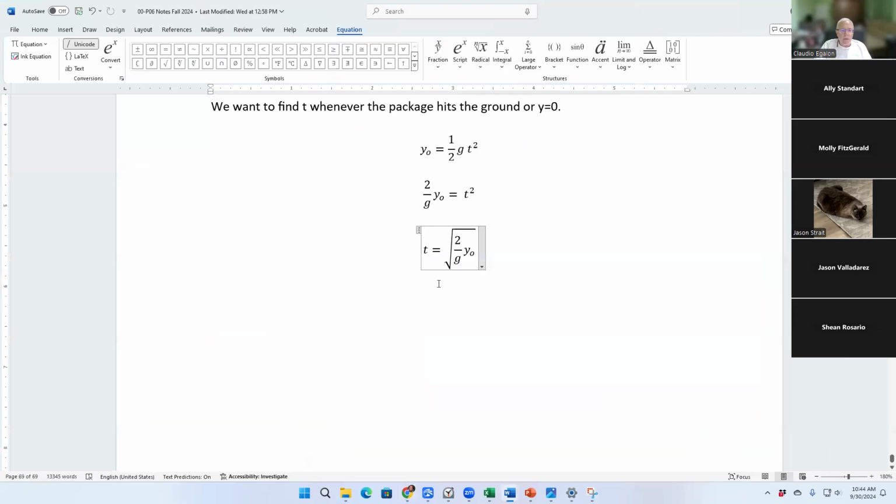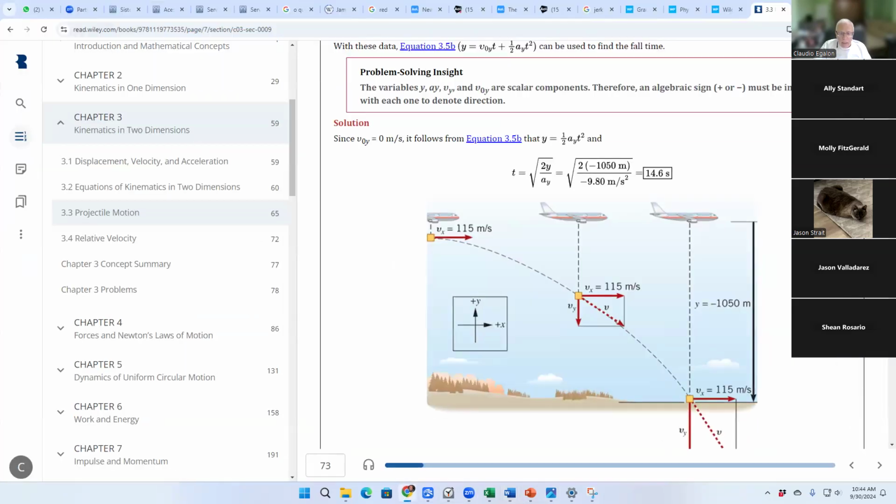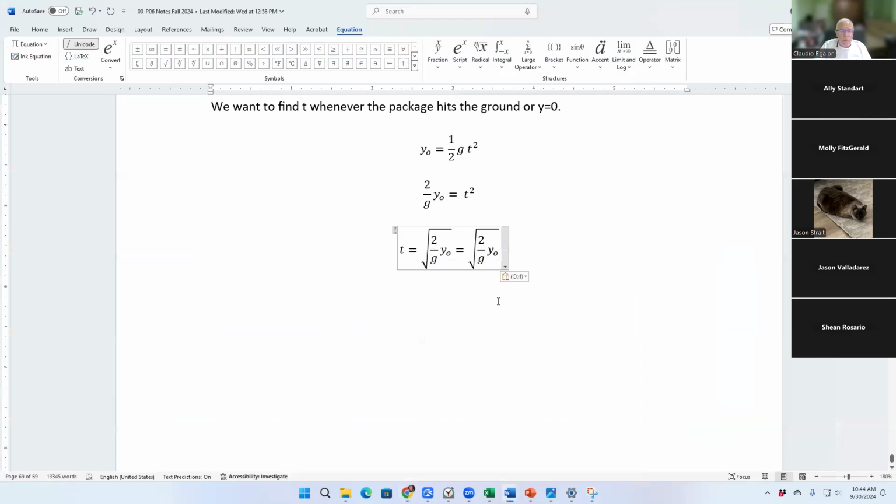And now all you have to do is substitute the values there. What's y naught again? y naught is 1,050 meters. g is approximately 10 meters per second squared. It's okay to use 10 meters per second squared in our problems, but the error is going to be very small.